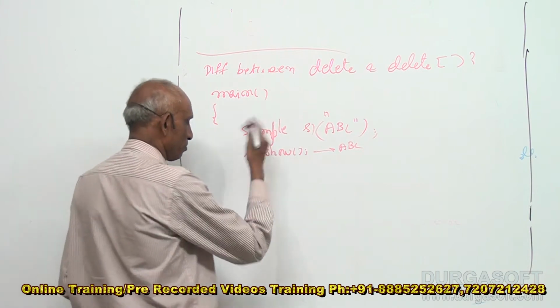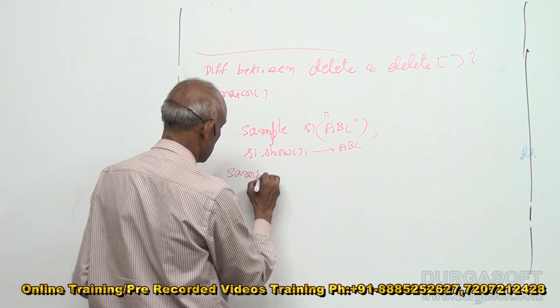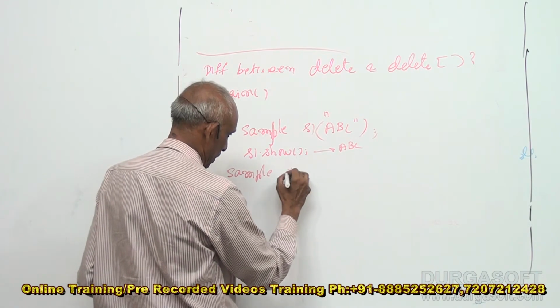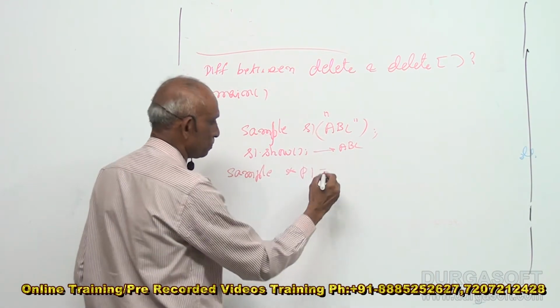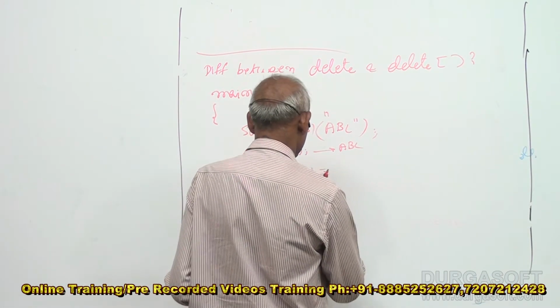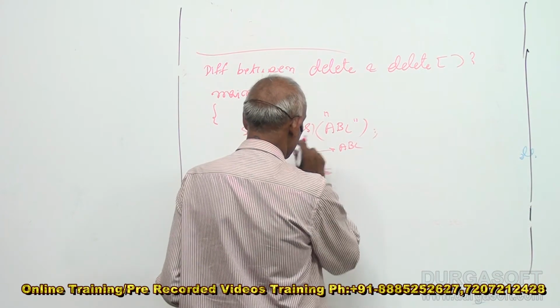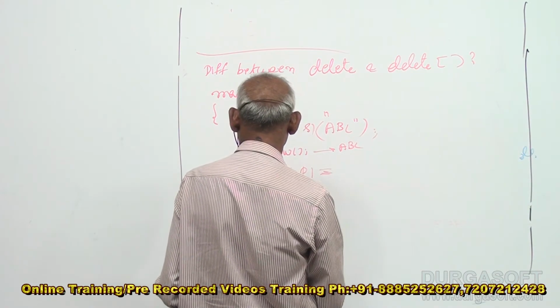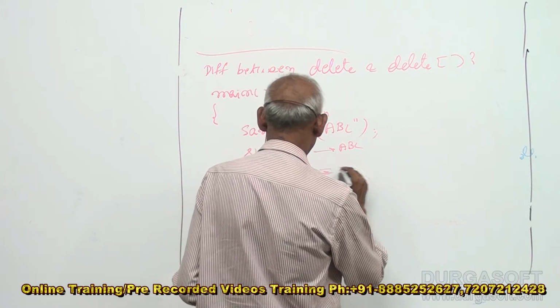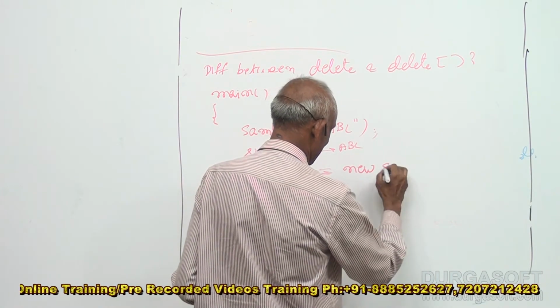Now I will define a pointer for this, sample star P1. Now I will allocate a member, that is new sample.